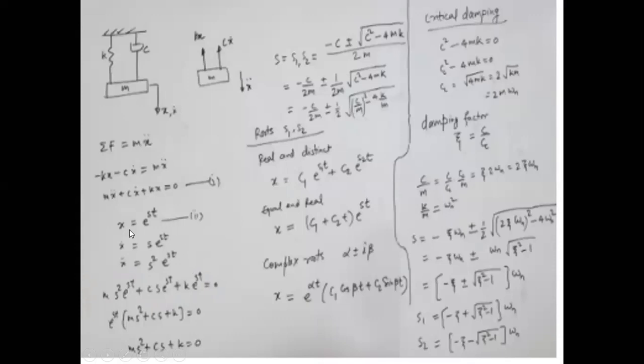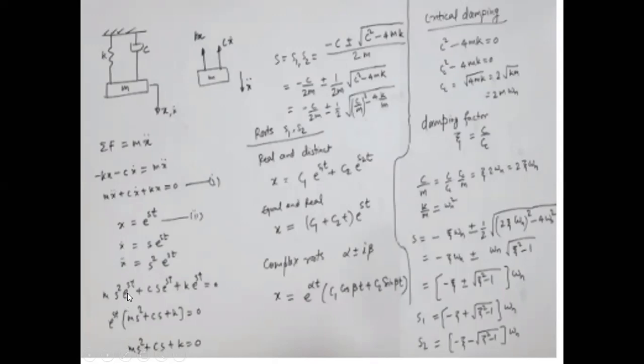You have substituted values for x, x dot and x double dot from equation 2 into the basic equation for free damped single degree of freedom vibrations, that is equation number 1, where M is mass of the system, C is damping coefficient, K is stiffness, t is time.